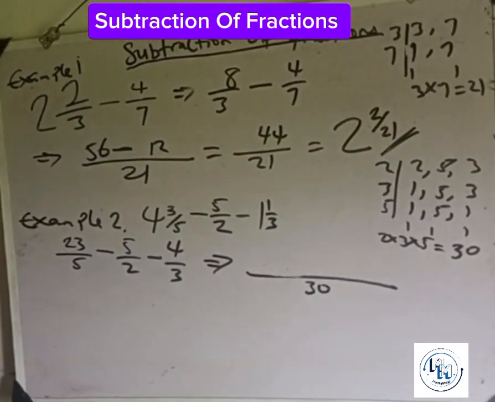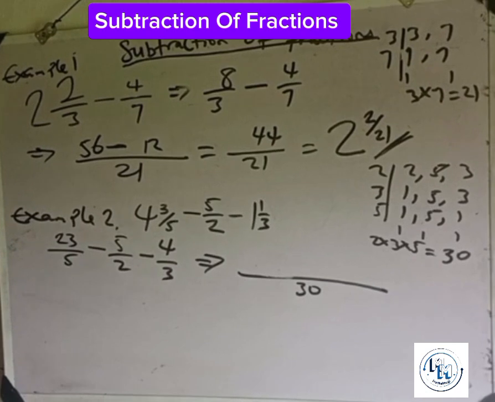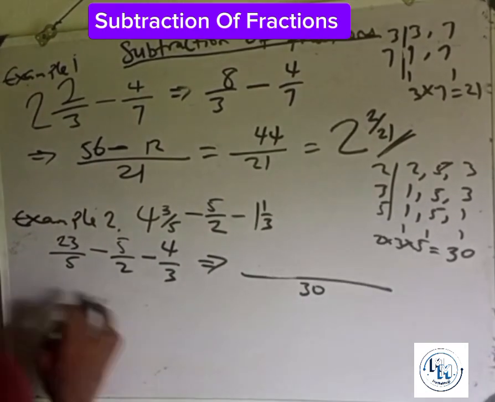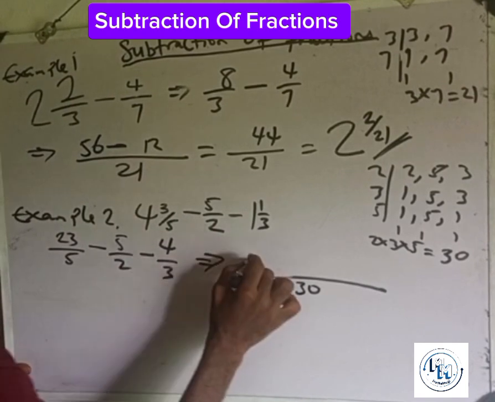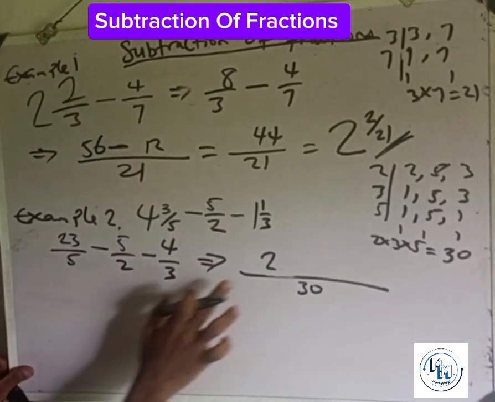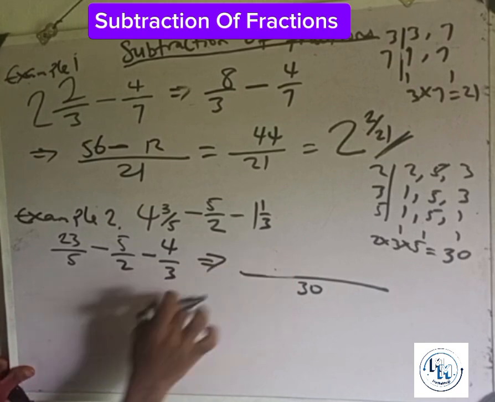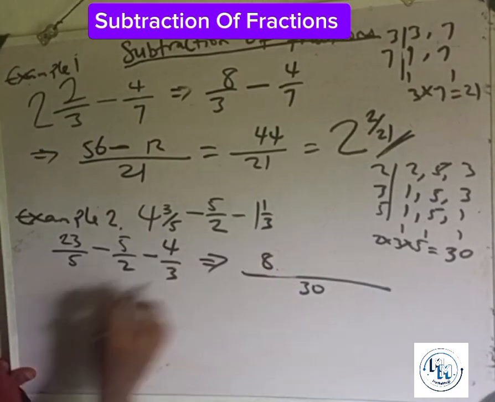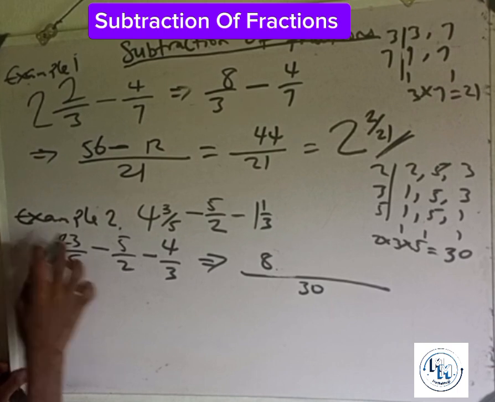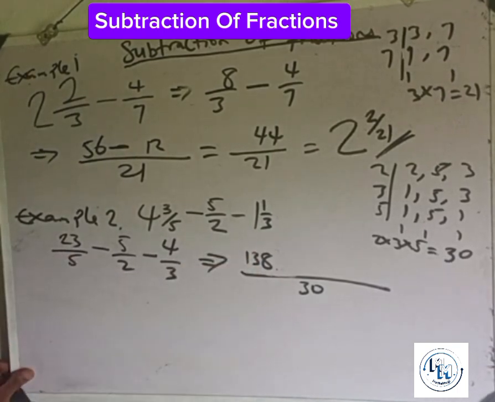So I'm going to have 30 divided by 5 is 6. 6 times 23. What is 6 times 23? 6 times 3 is 18. I'll carry 1. Then 6 times 2 is 12. 12 plus 1 is 13.